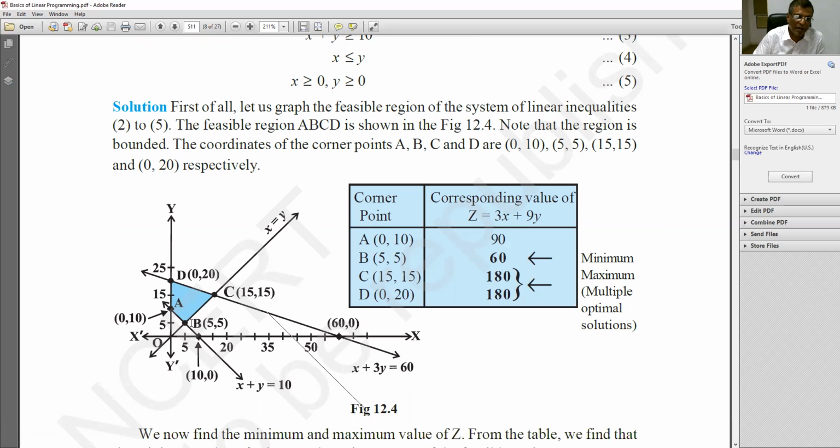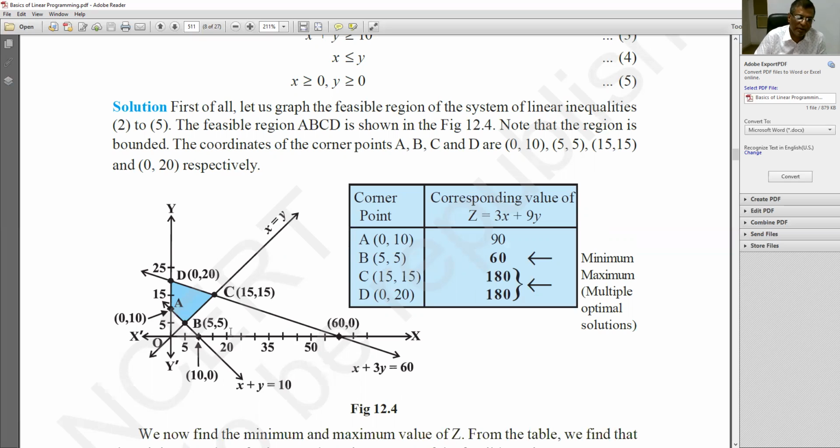Now this line is cutting at 2 points, at this and at this. So how will the coordinates of these points be obtained? You can solve x is equal to y and x plus y is equal to 10.